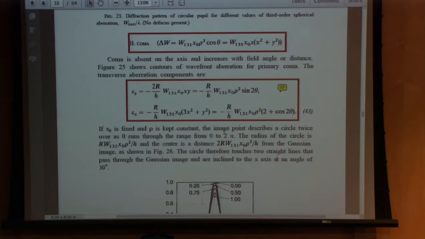Okay, so as I go around the pupil once, the image is going to go around twice. It's kind of interesting. And the radius of this circle goes as W131 x naught rho squared over h, times r. And the center here is just twice that away.